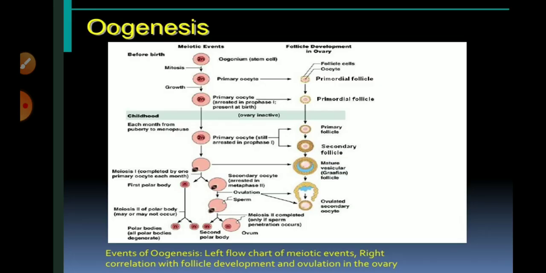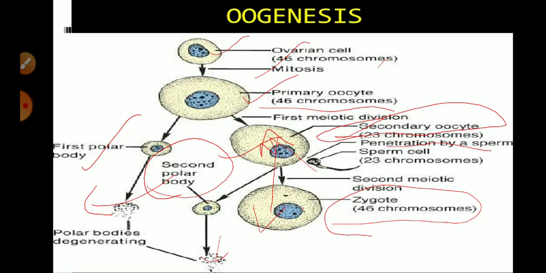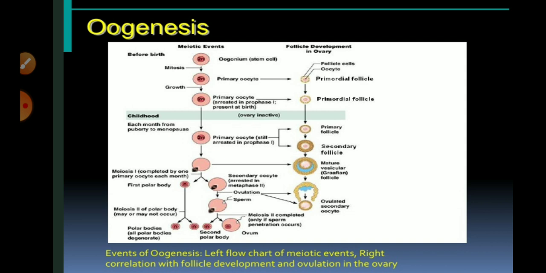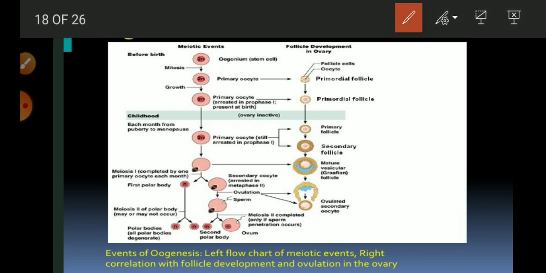So here we can see oogenesis, and we can see follicle development in detail, comparing both things together, along with ovulation in the ovary. There is the oogonium, that is the stem cell.